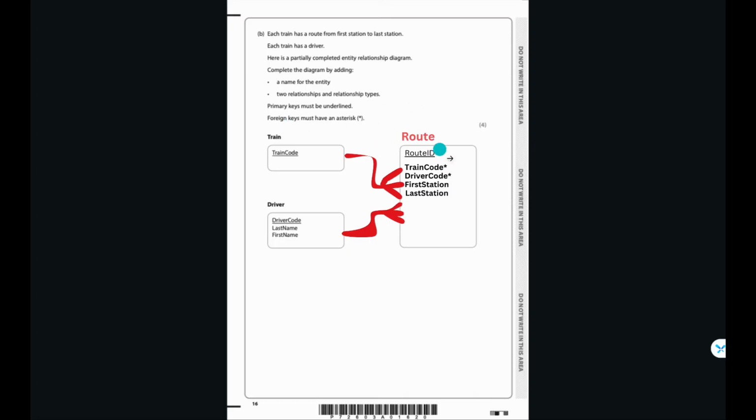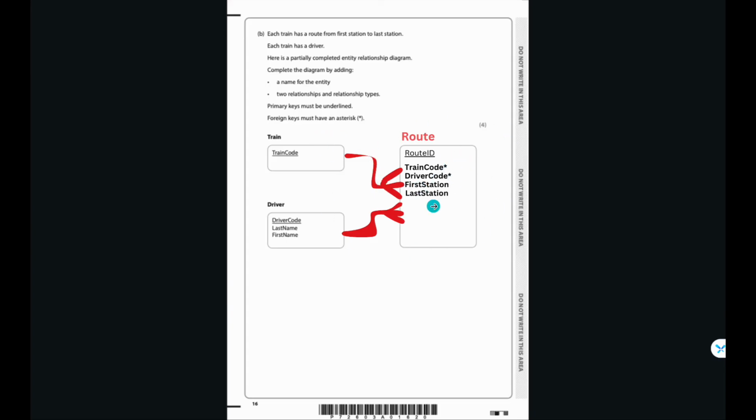So obviously there's a connection between train and route. When the relation is coming from this, always remember where it is coming from. This is the primary key, right? Here is a foreign key. So from the table where it is coming as a primary key, there must be one. And when it is coming as a foreign key, it must be many.